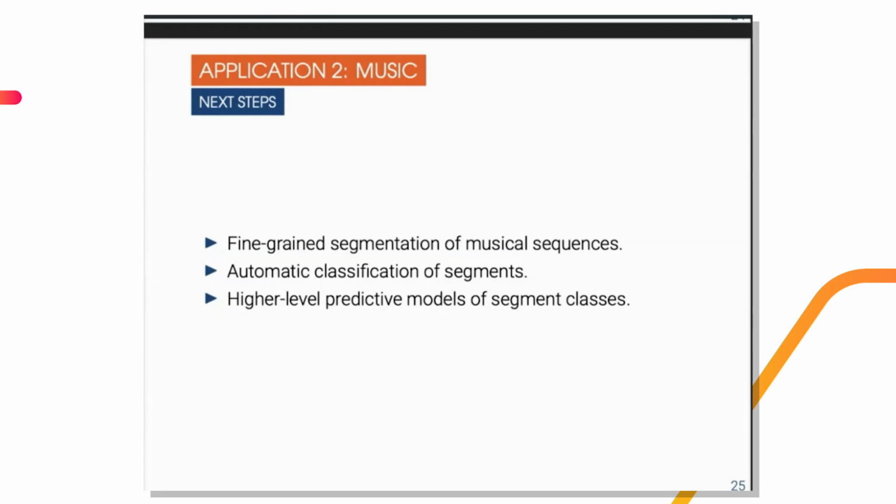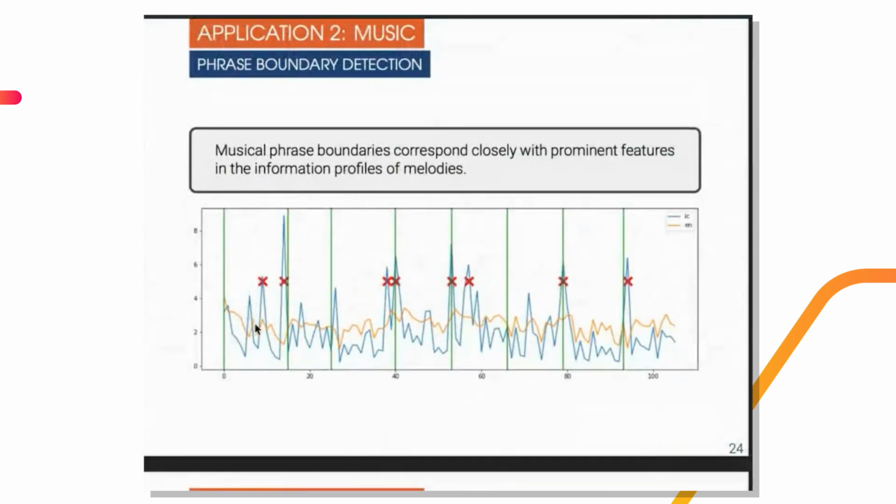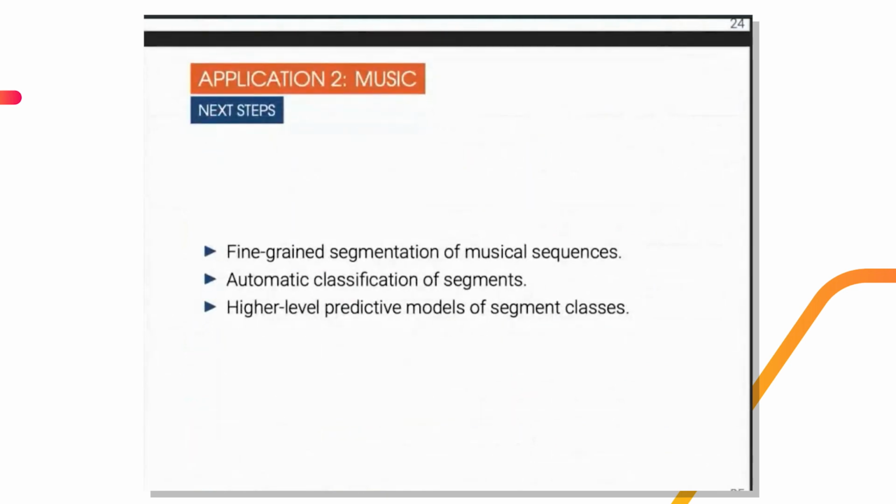But what we want to look at now is a more generalized segmentation. What would happen if you segment using more of these peaks? What if you try and look at very small, fine-grained segments of this music? Then we want to look at what kinds of segments result from these low-level features, and in general try and classify them.